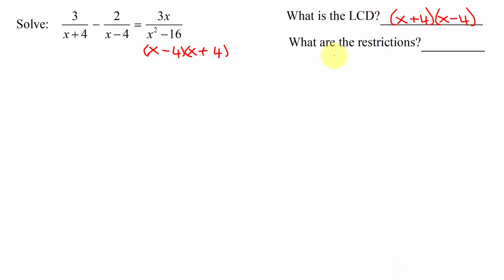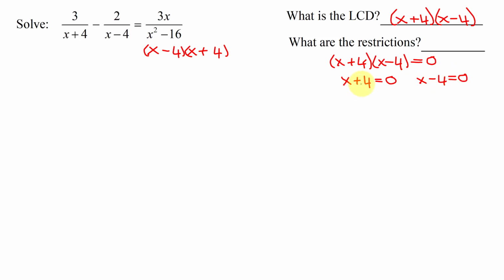And to find the restrictions, we set the LCD, x plus 4 times x minus 4, equal to 0, and solve this equation. Two factors multiplied together equals 0. Set each of them equal to 0. So I have x plus 4 equals 0 and x minus 4 equals 0.